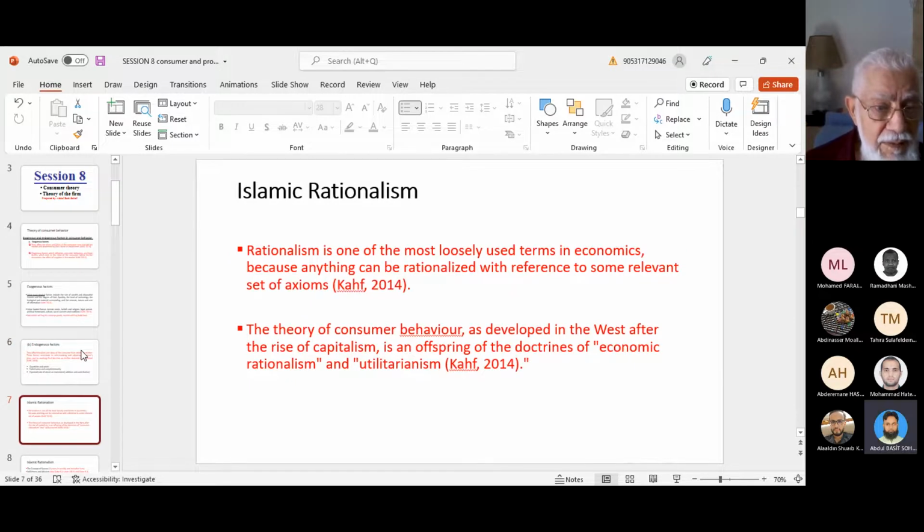Islamic rationalism. Rationalism is one of the most loosely used terms in economics because anything can be rationalized with reference to some relevant set of axioms. The theory of consumer behavior, as developed in the West after the rise of capitalism, is an offspring of the doctrines of economic rationalism and utilitarianism.